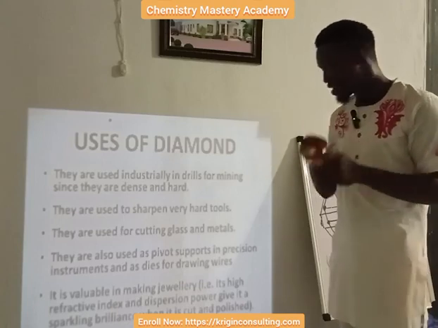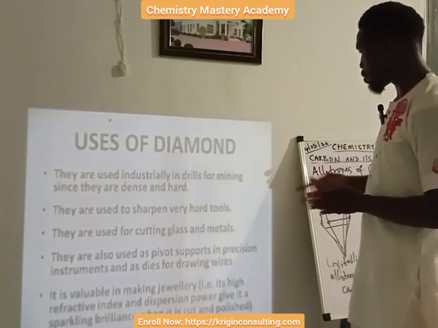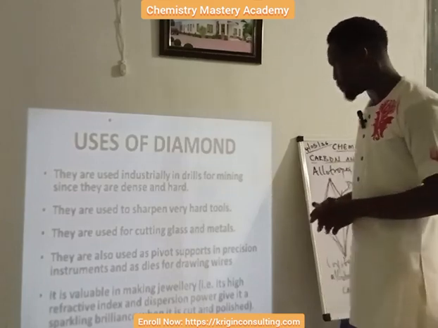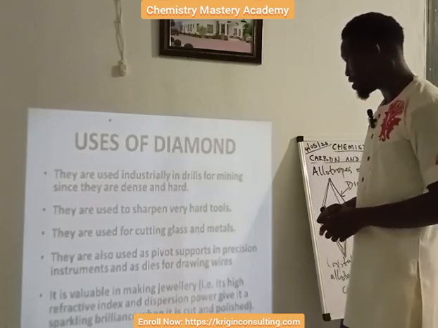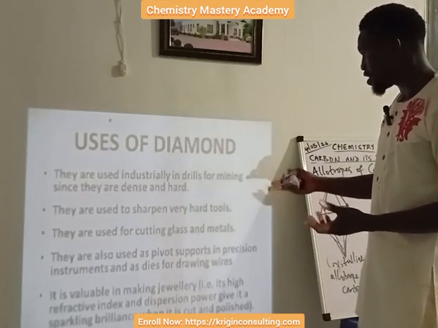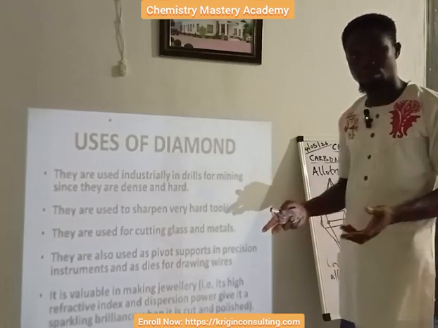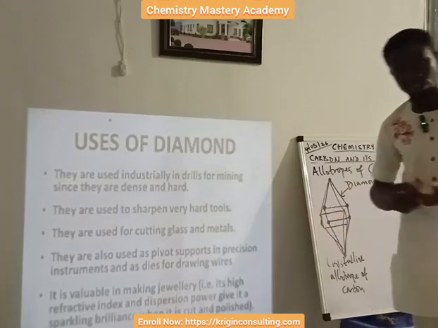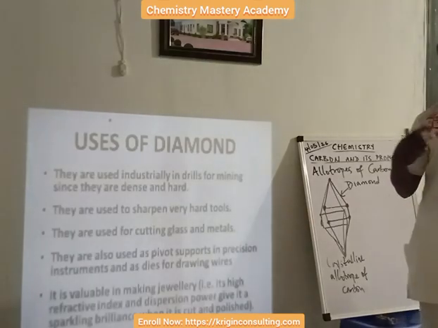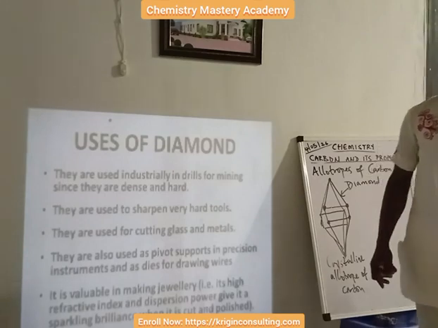They are used as pivot support in precision instruments and as dies for drawing wires. Next, it is used for making your jewelries. So you see diamond used to make your ring, diamond used to make your pendant, and the rest of them.